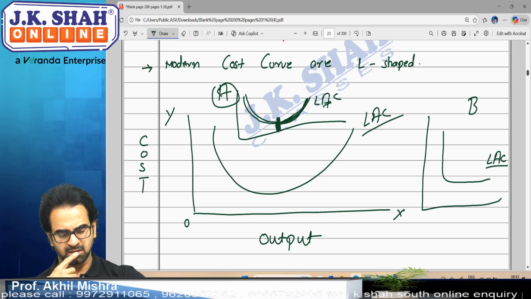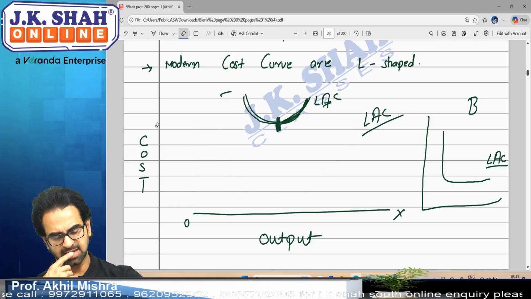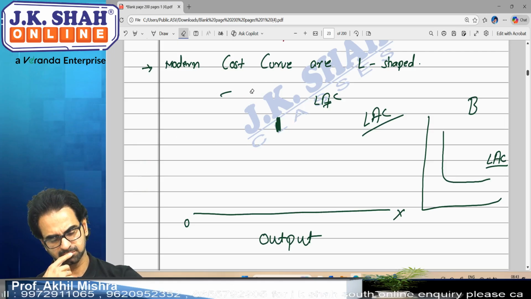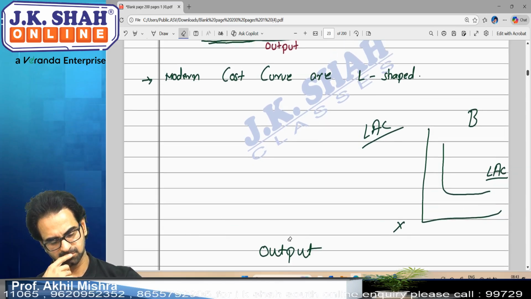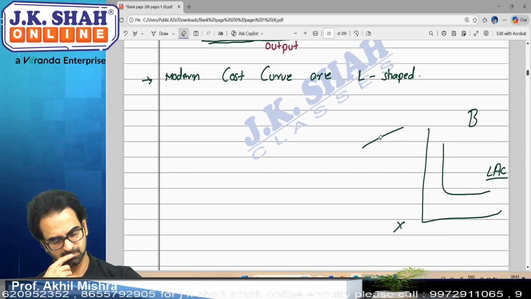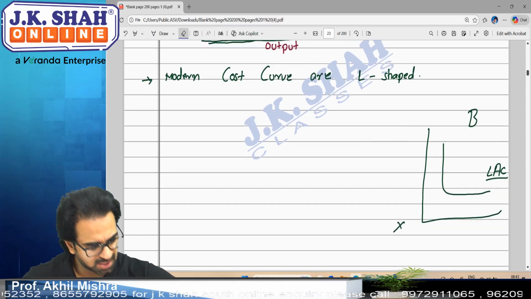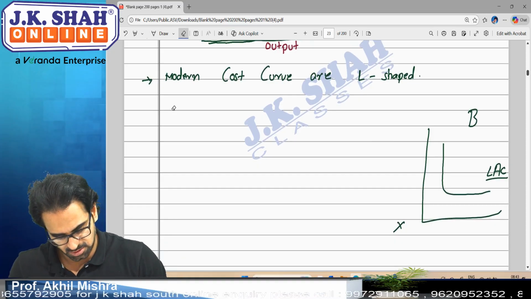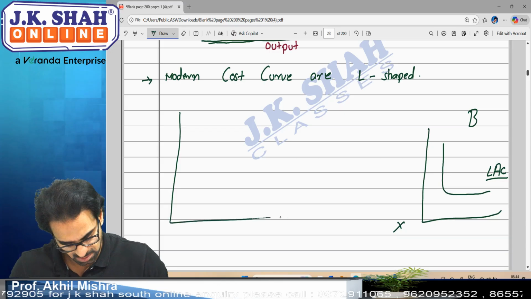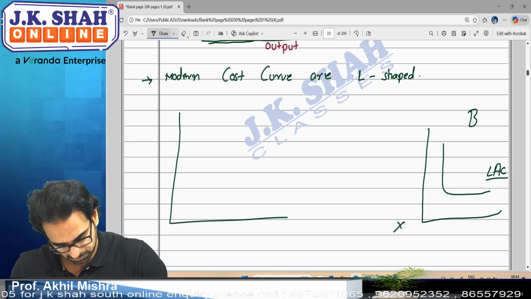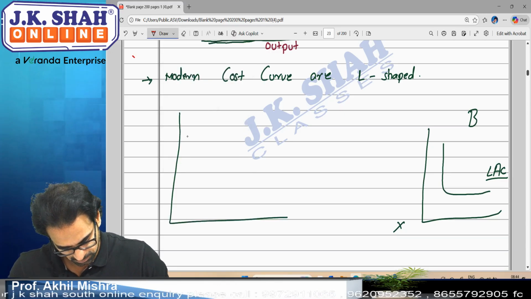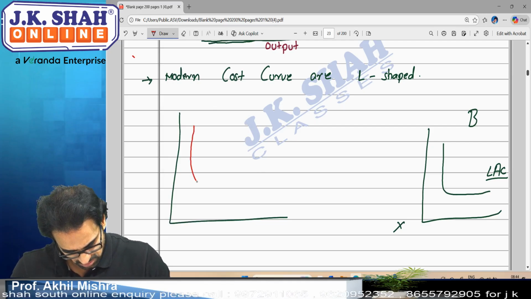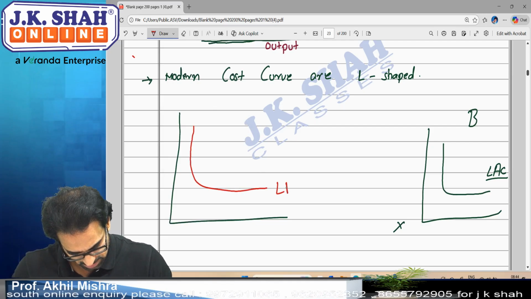But if you see diagram B, then see the LAC. What is happening? The cost comes down, down, down, and remains the same.